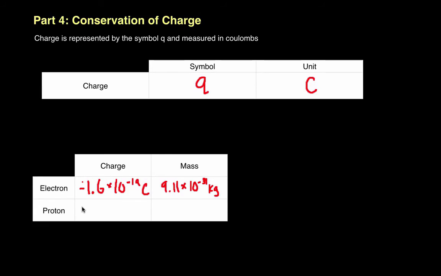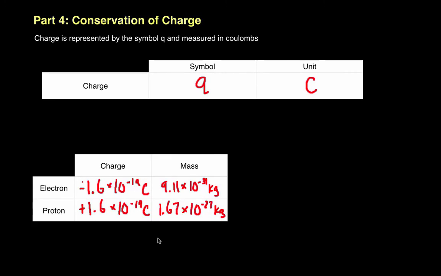The proton is positively charged, the same charge as the electron but opposite in sign, 1.6 times 10 to the minus 19 coulombs positive. However, the proton is much, much heavier than the electron. While the electron had a mass of 9.11 times 10 to the minus 31, the proton's mass is 1.67 times 10 to the negative 27 kilograms.